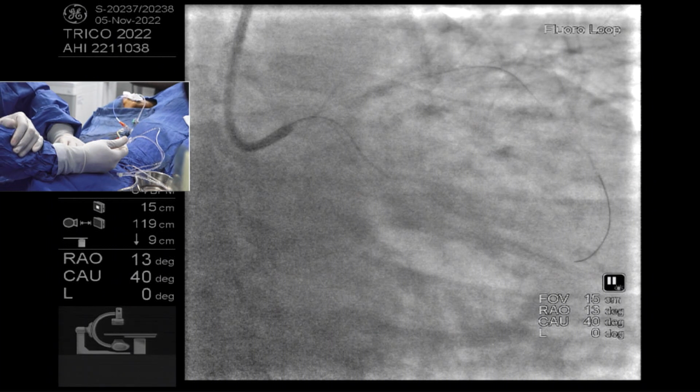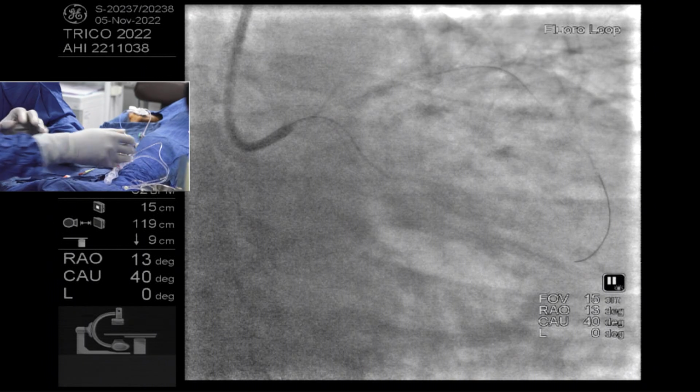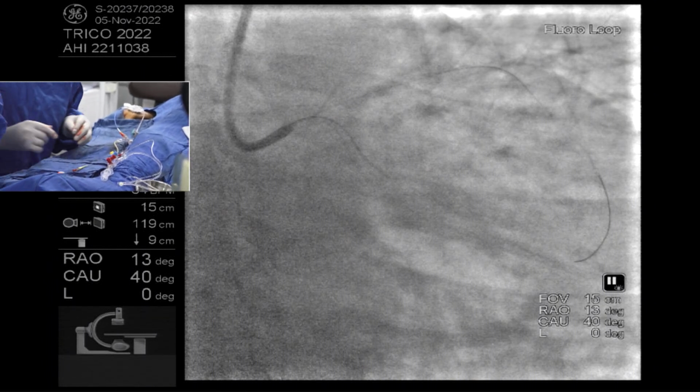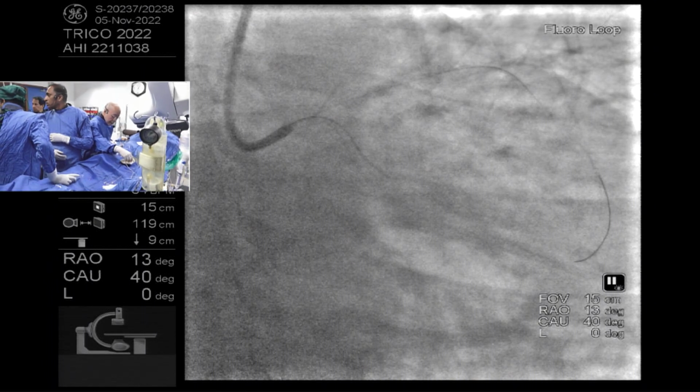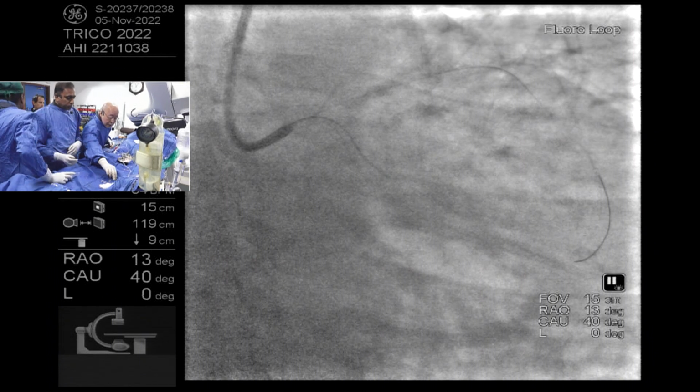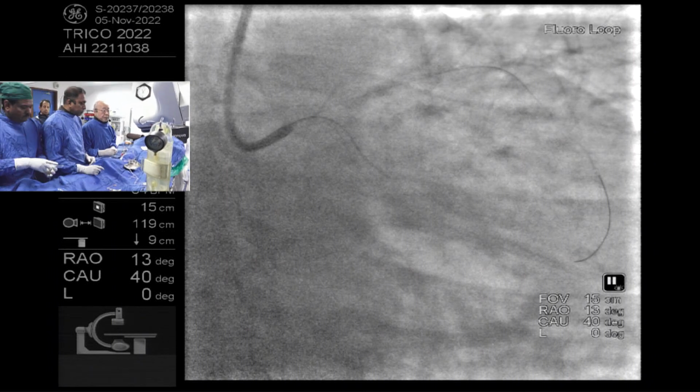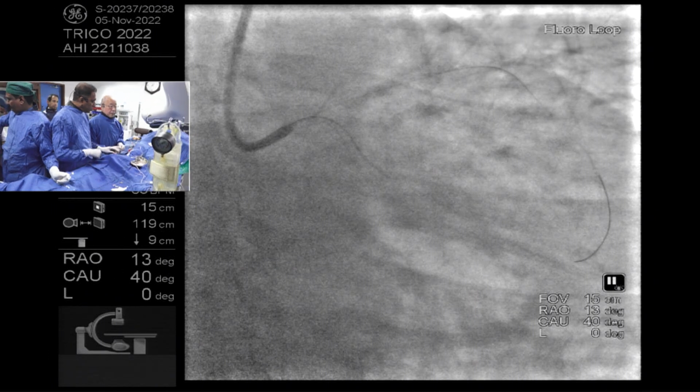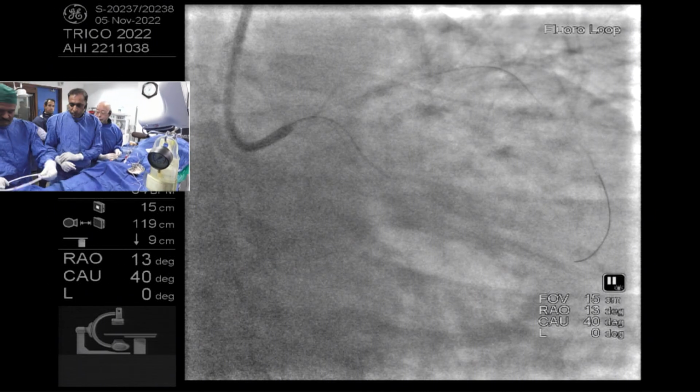Sion Blue. Okay. Dr. Saito, we have Sion Blue. Yeah. This wire. We already have. Okay. Remove this one. Just keep.